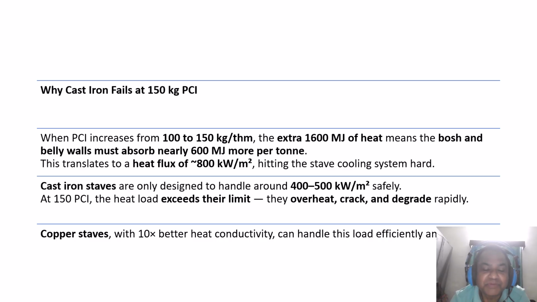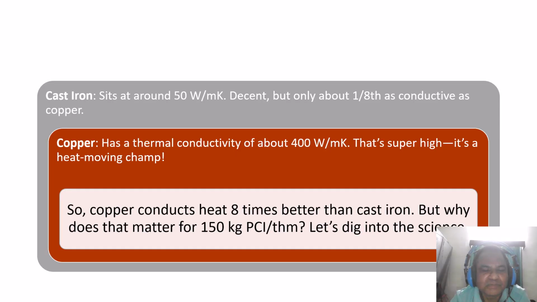At 150 PCI, the heat load exceeds this limit, as is clearly visible, and this is not desirable because if we compare the cast iron stave with the copper stave, we can see that cast iron stave is 1/8 or 1/10 as efficient as copper staves in extracting heat from the wall.